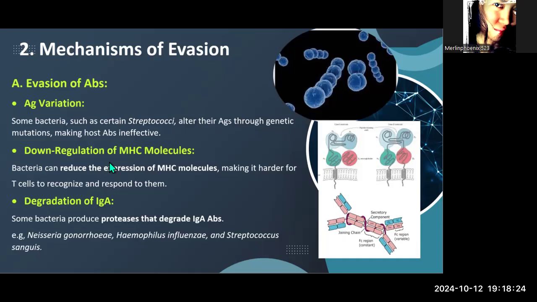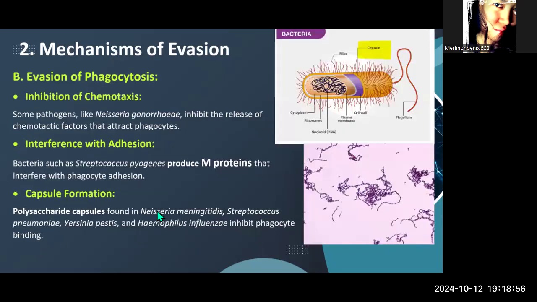The bacteria can decrease MHC molecule expression, which can really hinder T cell recognition and response. And some bacteria can degrade IgA, such as Neisseria gonorrhoeae, Haemophilus influenzae, and Streptococcus sanguis. They produce proteases that degrade IgA antibodies.